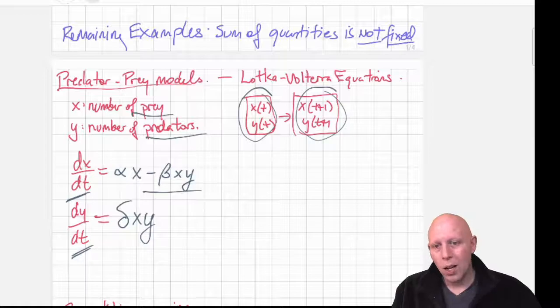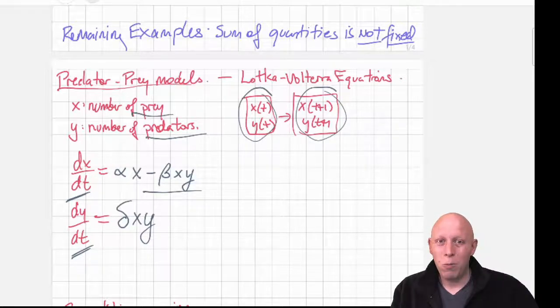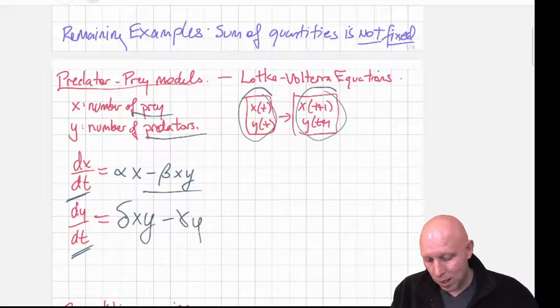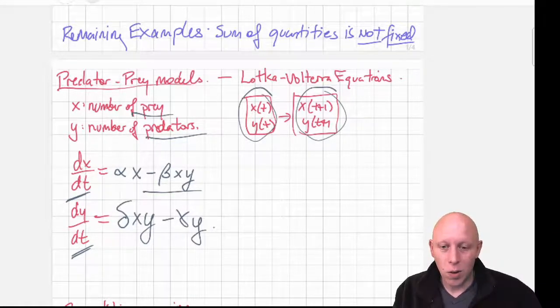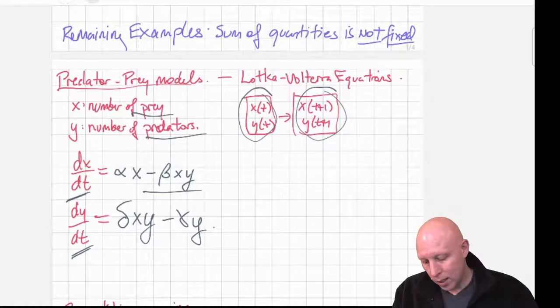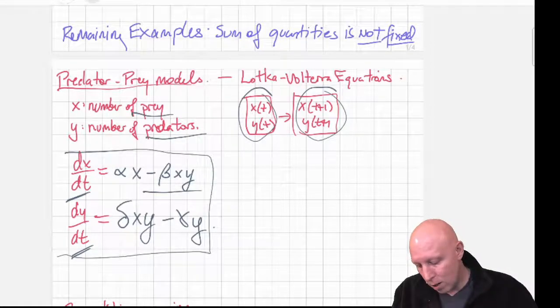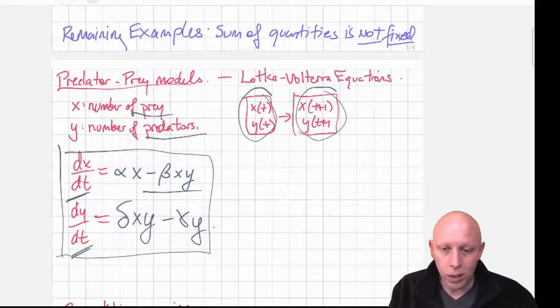But at the same time, we also expect that when there's too many of you around, there's going to be competition for the bunnies. So there's going to be some negative impact based on the other competitors that there are around. And so this set of equations is called the Lotka-Volterra equations.